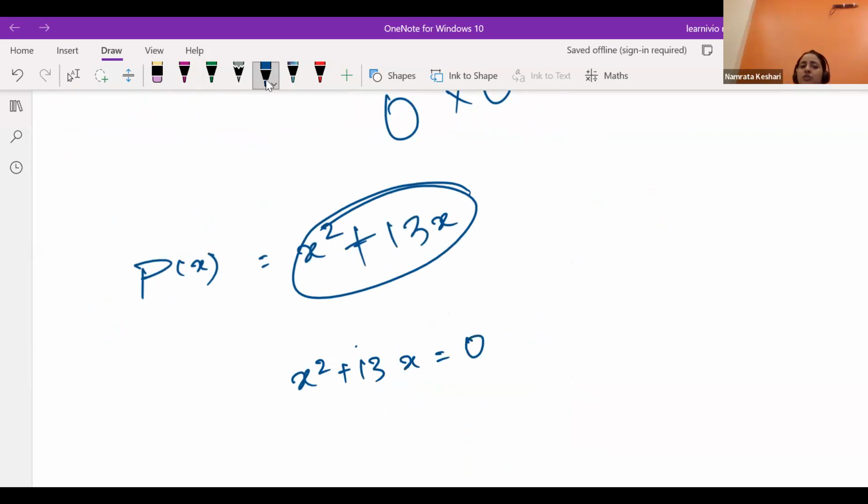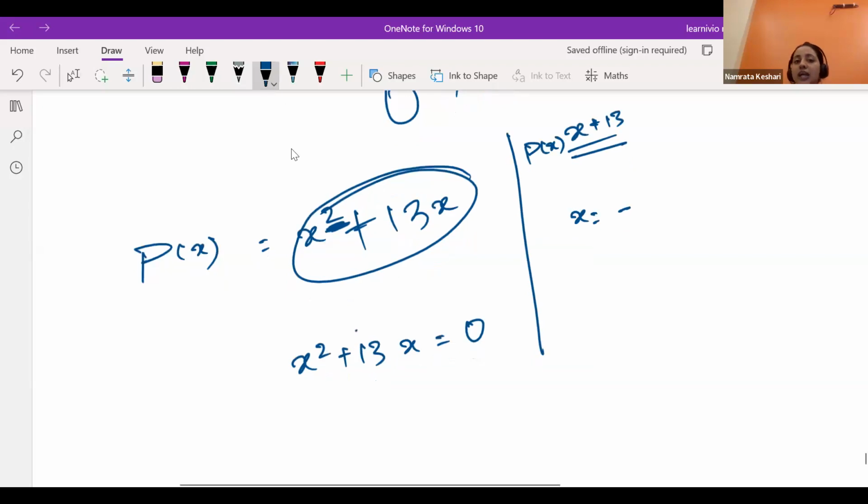If you shift the 13 to the other side and cancel 1x with 1x, I would say please don't do that, because when the degree of the polynomial is 2, chances are we will get two zeros. Previously, we just had x plus 13. That was very simple. We took the polynomial, found the zero, and got one x value. But whenever this type of scenario occurs, we are still solving the equation.